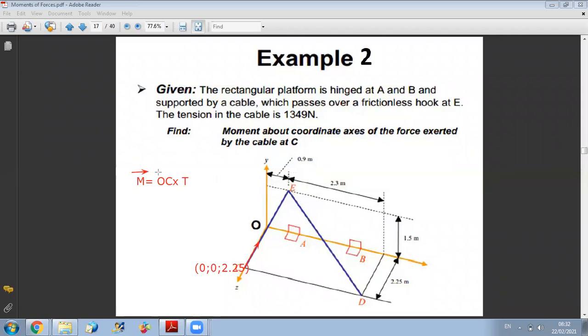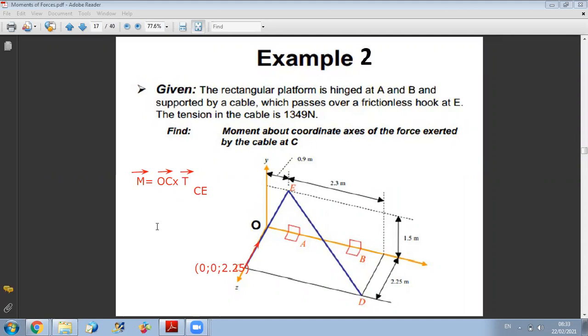Now how to find T, guys? How to find the vector T? Okay, it's T directed from C towards E. So it is T, C, E. Okay, which method will I use to find the vector T here? Isn't it the magnitude of T multiplied by its unit vector?